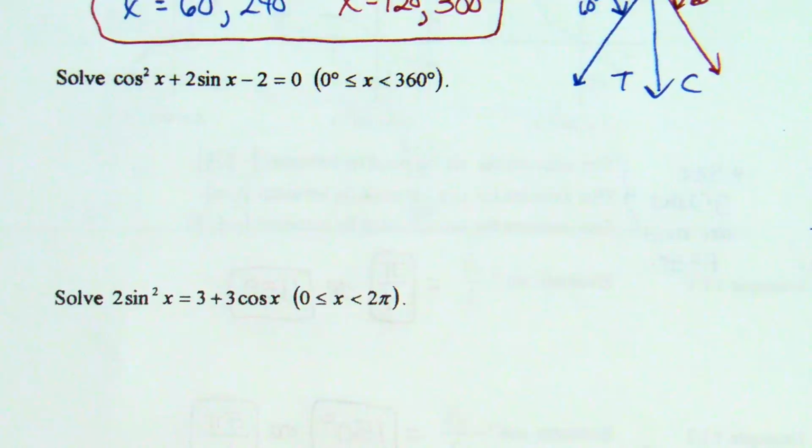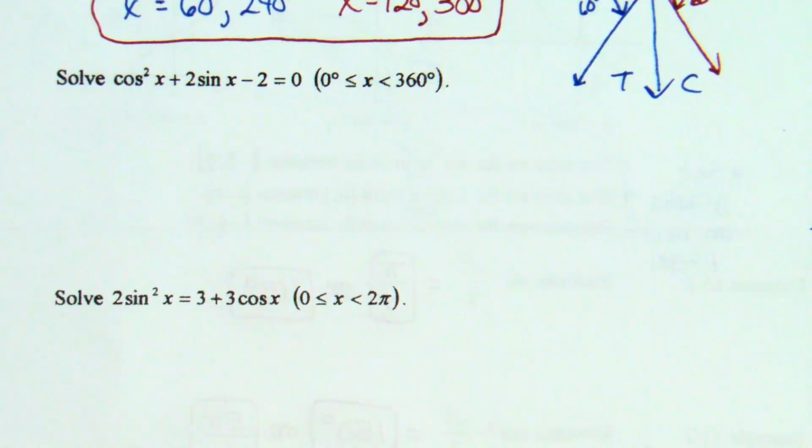Now, there's an easy identity. It's the one identity that I'm 99.9% sure you guys could all give to me that we could use here. What is the Pythagorean identity that involves sine and cosine?